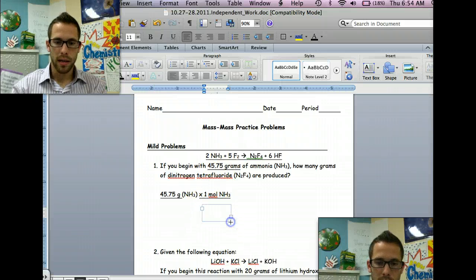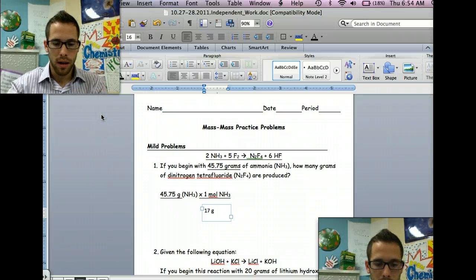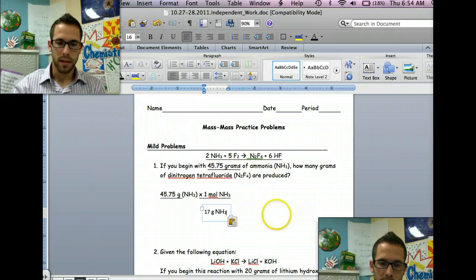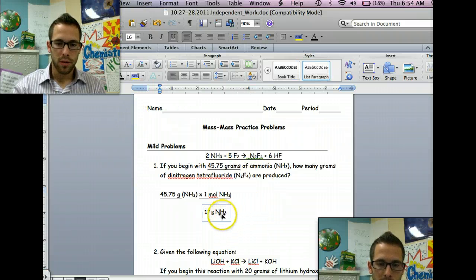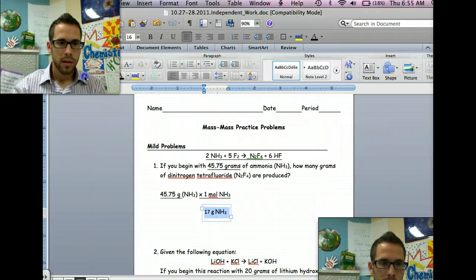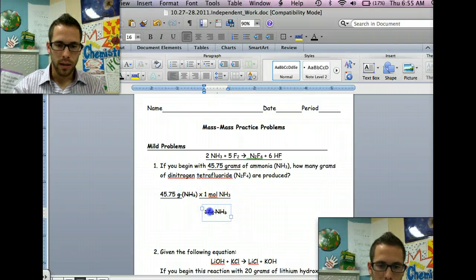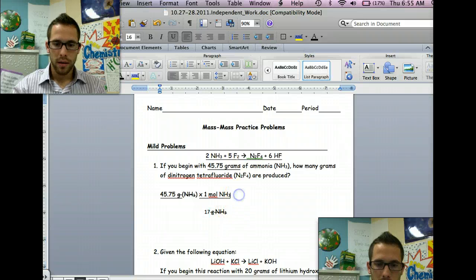So how many grams do we say? 17 grams of NH3. Perfect. So when that happens, grams of NH3 cancel out. Oh, excuse me, the 17 shouldn't be canceled out. There's no 17 up here to cancel out. So I just cancel out the units here, and the units here.